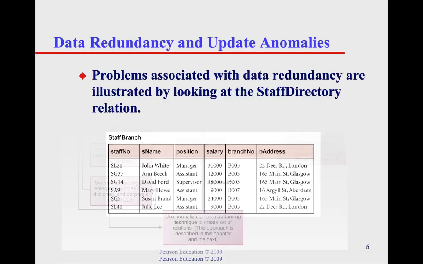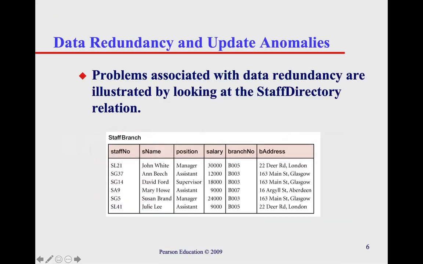Last time, the example we showed was here with branch address. We had it being repeated multiple times with a branch, and it led to an update anomaly, because when we update the branch address, we're going to have to update it in multiple places in the database, or else we'll have an inconsistency.